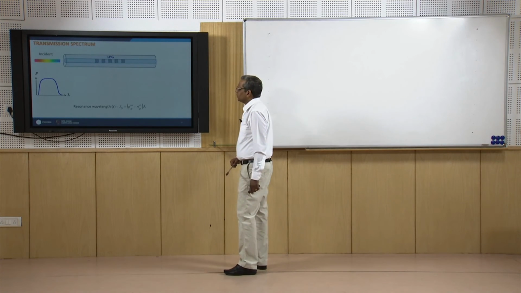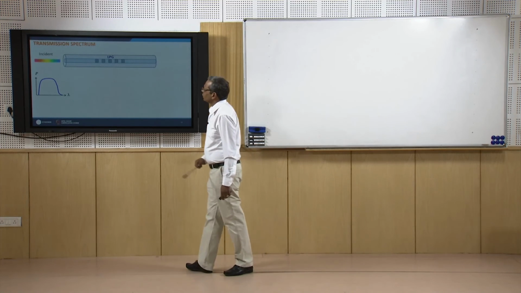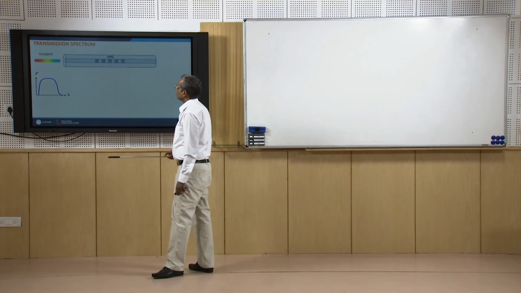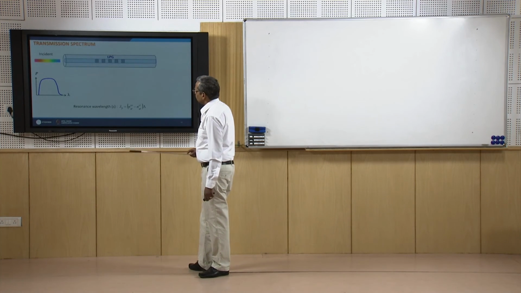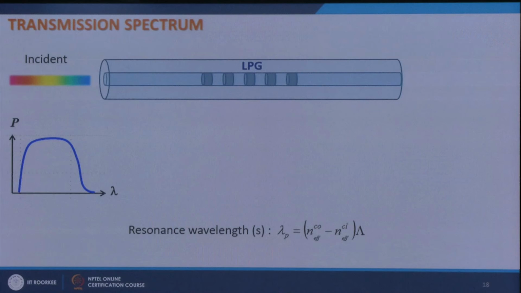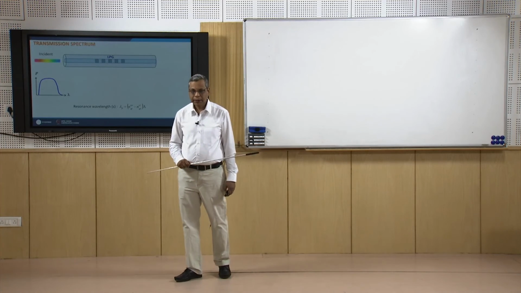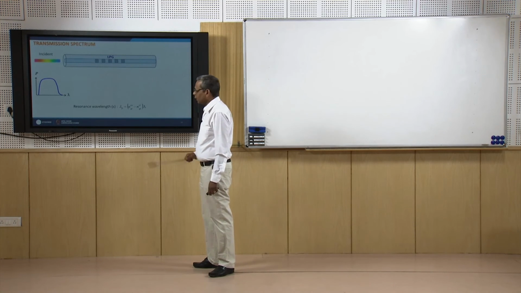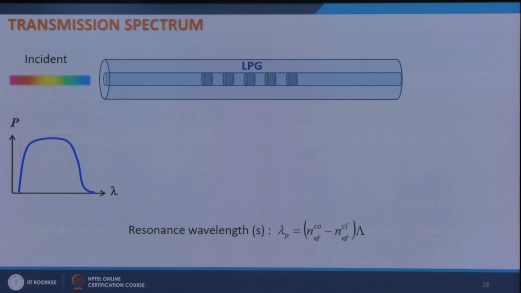If I look at the transmission spectrum, so I incident light from a broadband source into this, then at certain wavelengths light will get coupled into cladding modes. You can see that for a given value of capital lambda, you can have coupling at one wavelength from the core mode to one cladding mode, and at another wavelength from the core mode to another cladding mode.